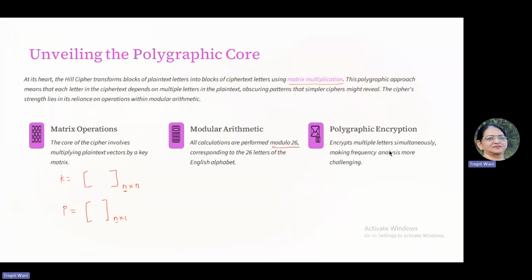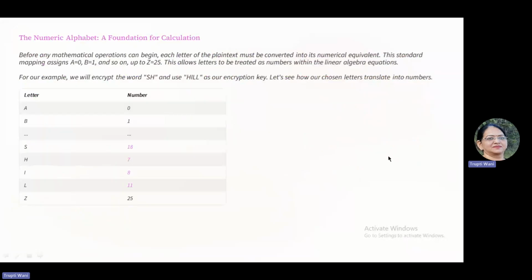We will see by using an example how it converts plain text into the ciphertext. In any cipher, we have to convert the alphabets of plain text into numbers. So A is denoted with 0, B is 1, and so on. Z is denoted by 25.